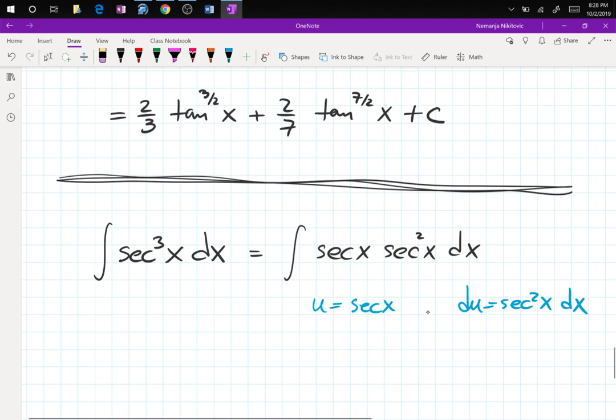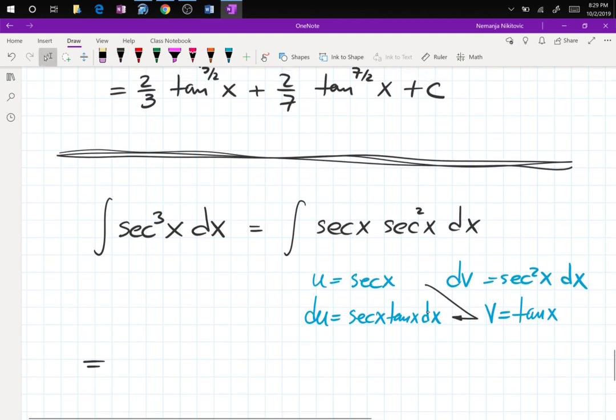So your du is, what is the derivative of secant? Very good. And the integral of the secant squared is tangent x, right?